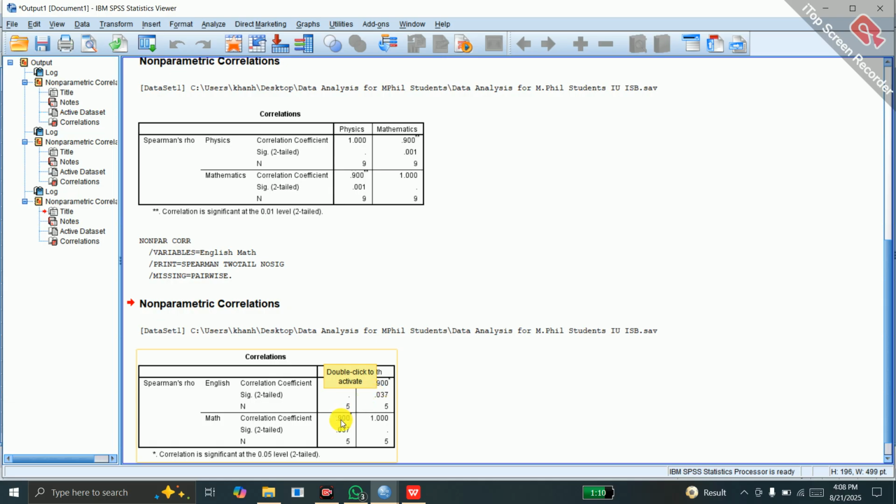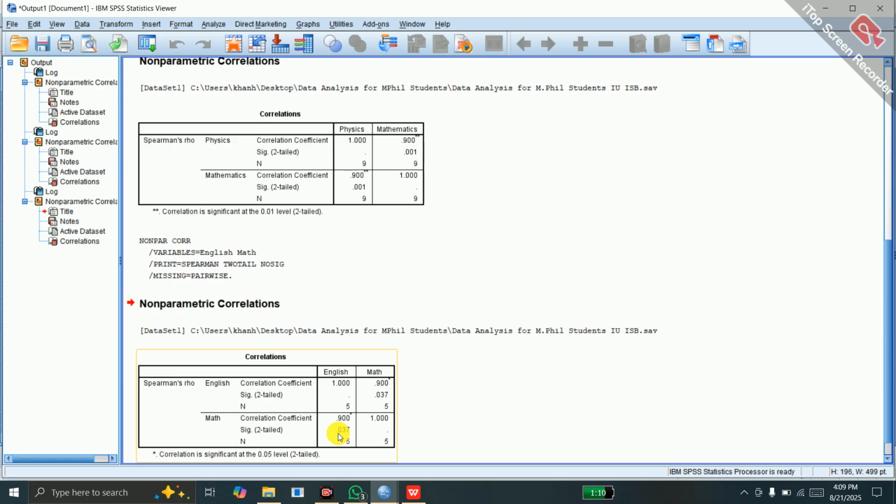Again, this is also Spearman's rank correlation coefficient between math and English, and its p-value is less than 0.05. So we reject the null hypothesis of no correlation, and we conclude that there is a strong positive correlation between the ranked scores of 5 students in English and math.